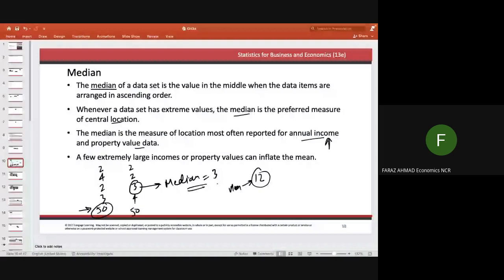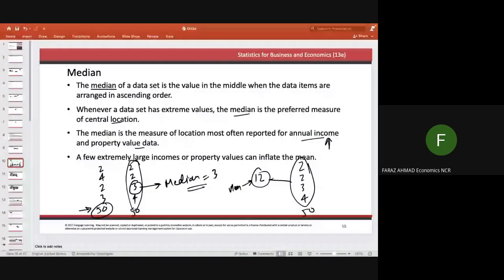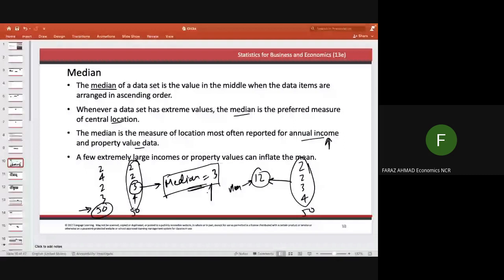So do you think 12 is a good representative of this data? No, because there are twos, there is a three, there are fours, low numbers, and there is one high number, and 12 is in the middle of the numbers. While median, which is 3, is a good representative of this data set, because most of the values are of this order. We have a 2, we have a 2, we have a 3, we have a 4.